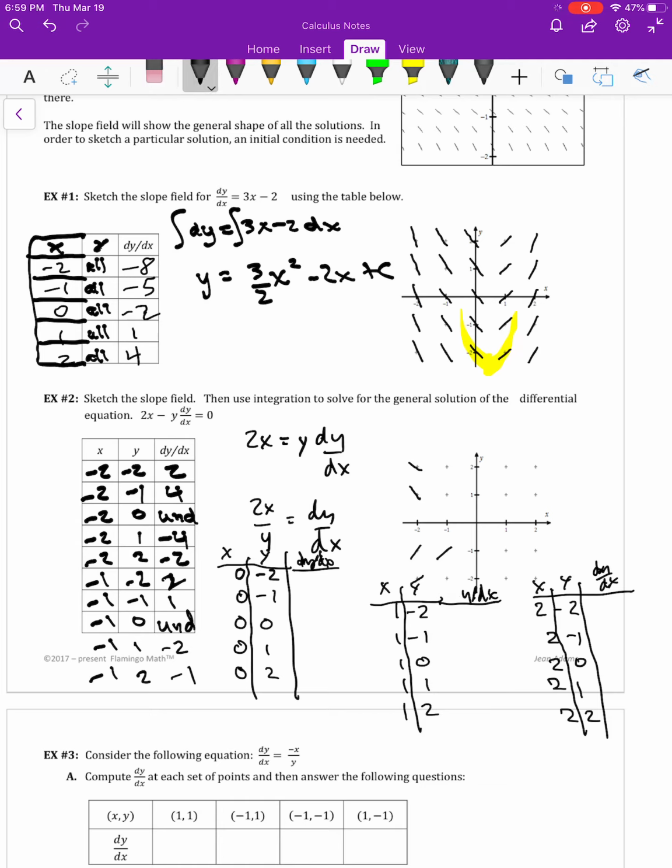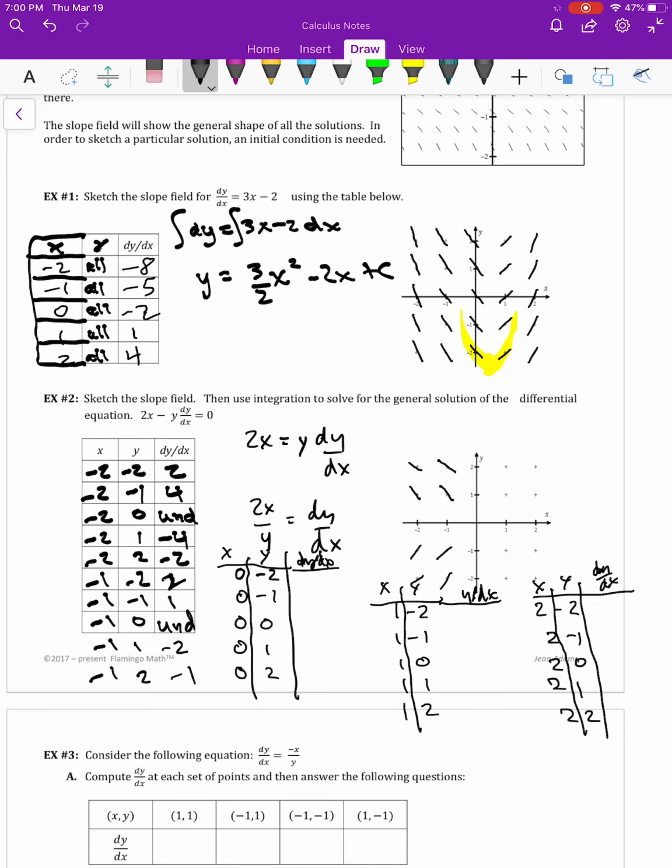Oops. No big deal. -1, -2 should have been +2. Okay. And then -1, -1 should have been +1, then undefined. -1, 1 is a -2, and then a -1, okay, for that -1.